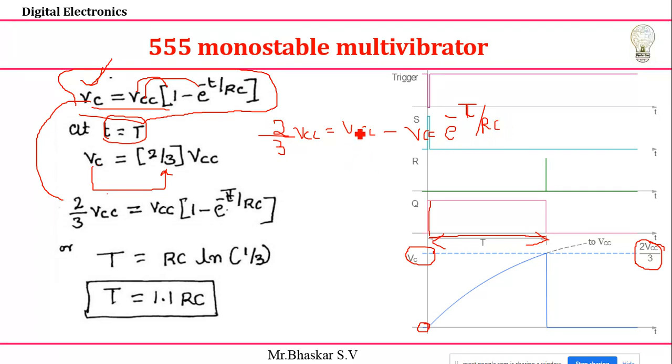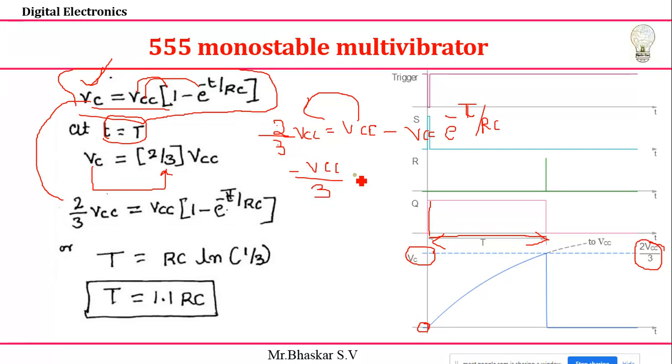Now you simplify this one. Just send Vcc to the left hand side. Now 2/3 of Vcc minus Vcc, what is the answer you will get? Take LCM 3. 2 minus 3 means it is minus, so the answer is minus 1 by 3 Vcc.